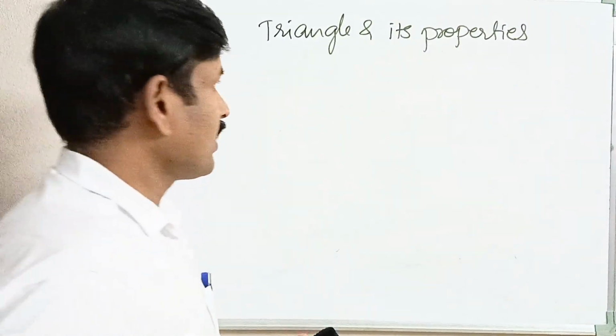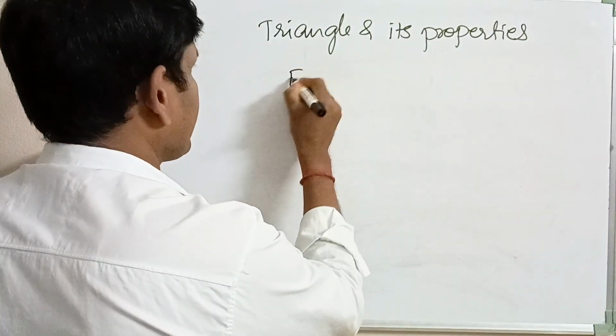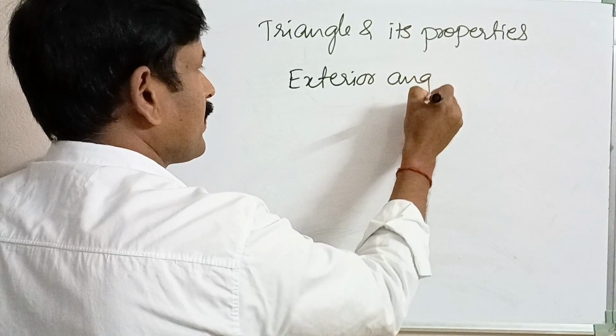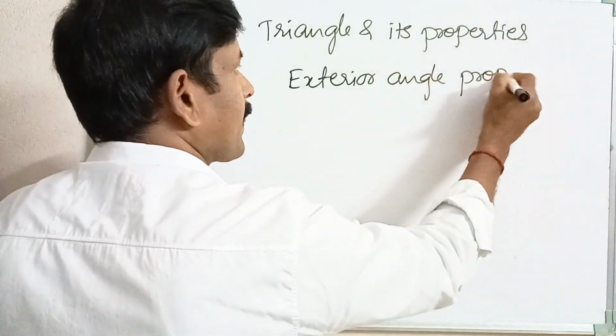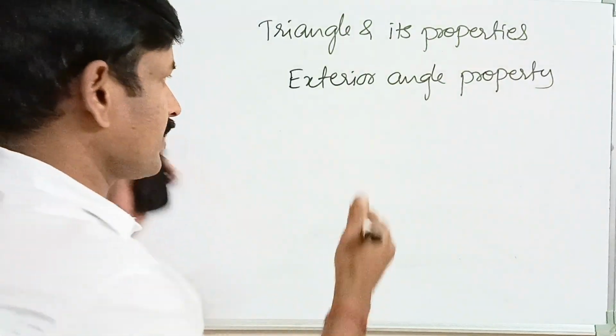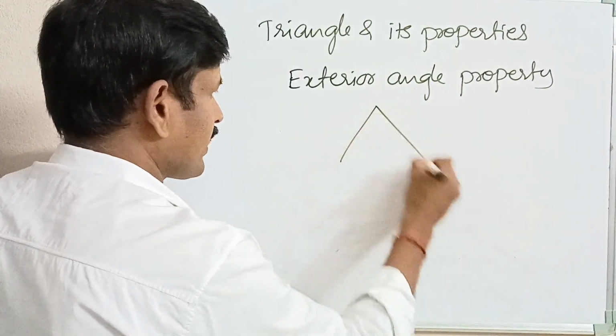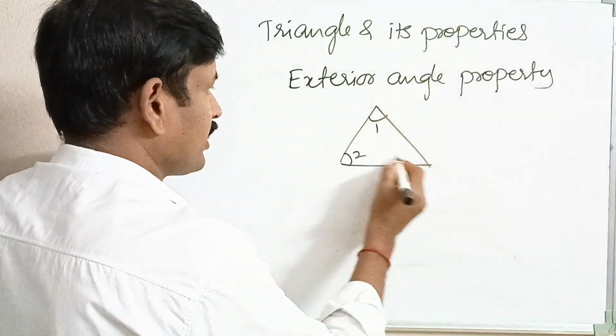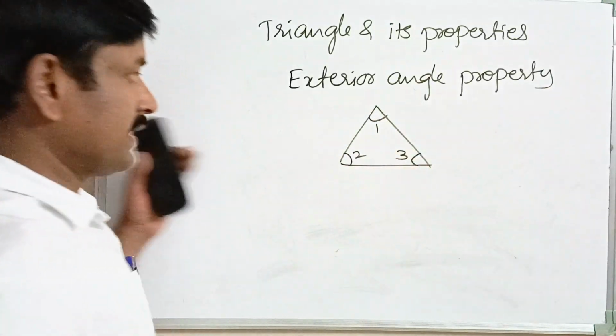Exterior angle property of a triangle. What is the exterior angle property of a triangle? Let us observe this triangle. In this triangle, angle 1, angle 2, angle 3 are the three interior angles.